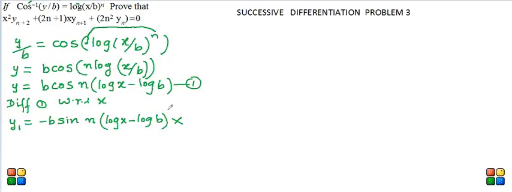N log x, n is treated as constant, and log x is 1 by x, so simply we can write n by x.